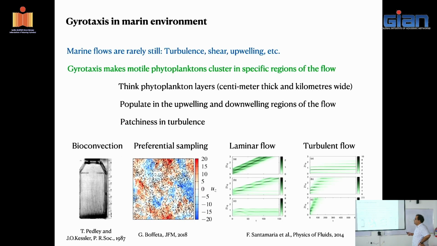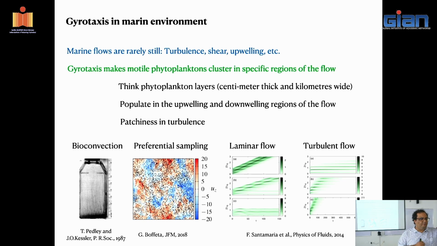So this gyrotaxis happens in a marine environment, and marine flows are rarely still. They are turbulent. I mean, you will encounter turbulence, shear, upwelling, downwelling regions, and so on and so forth. So this gyrotaxis makes motile phytoplanktons cluster in specific regions of the flow.